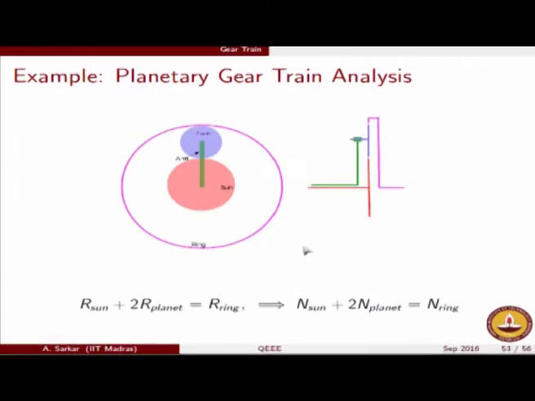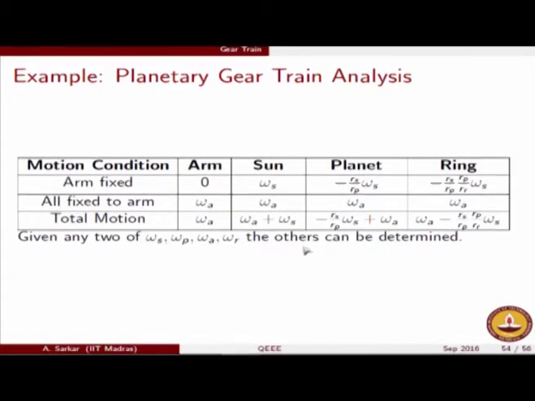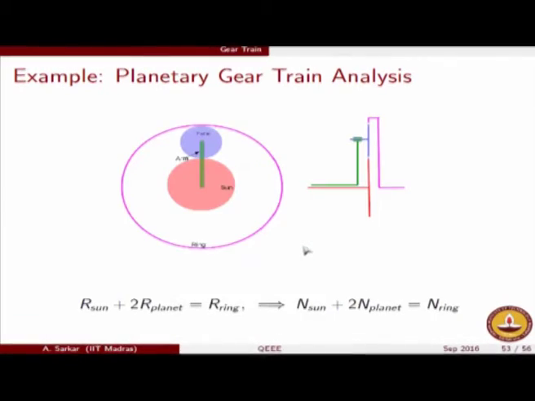Now let us again use the same logic to come up with the total kinematic analysis of this planetary gear train. So as usual we will break up the analysis into two parts. In the first part we will analyze this system when the arm is fixed. This green arm is fixed. In this condition we are going to analyze this problem.